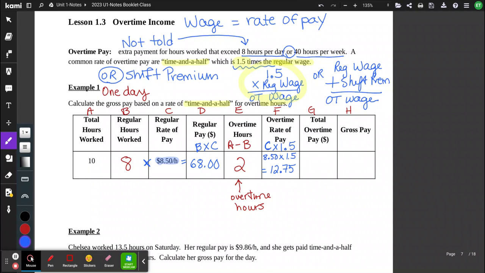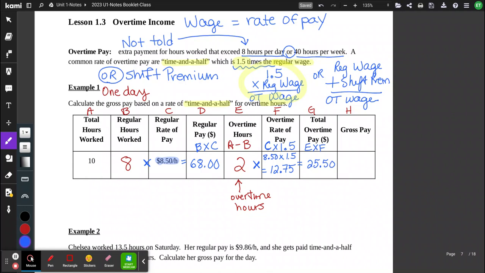All right, now your overtime pay, that's going to be multiplying your overtime hours by the overtime rate of pay. So that's going to be your E times F. And that's going to give you $25.50.